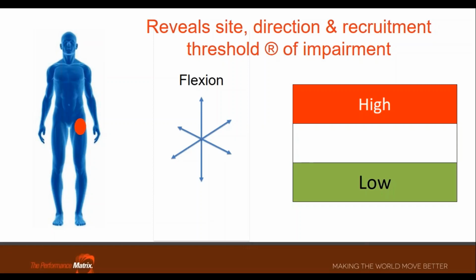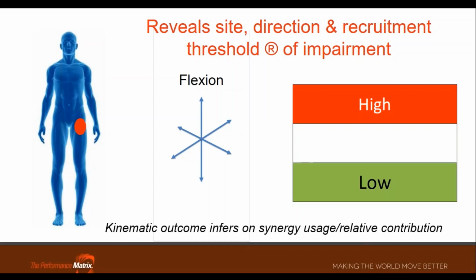If there are deficits in their low threshold sensitivity, this will be revealed during low threshold testing. If there are issues under high threshold, speed or load, this will also be revealed. So these are different types of tests, revealing different things, but still profiled in the same way, revealing the site at which they occur, the direction in which they also occur, and on which type of loading. This allows us to infer on which synergies are being used and the relative contribution of the different synergists within that synergy.